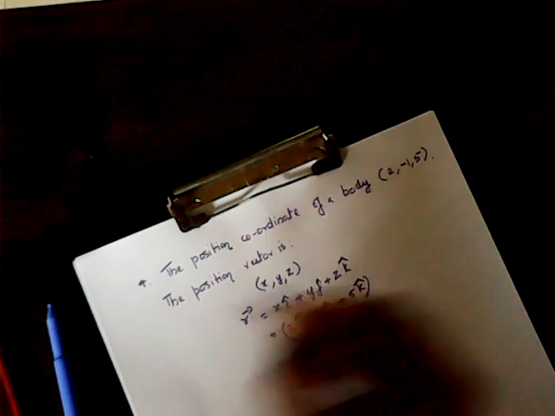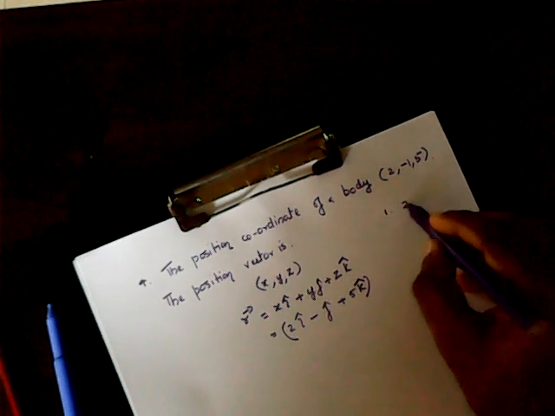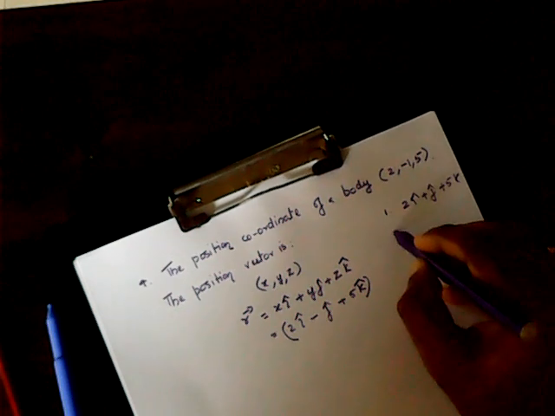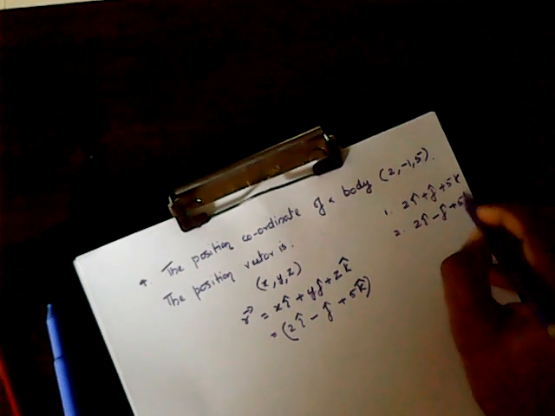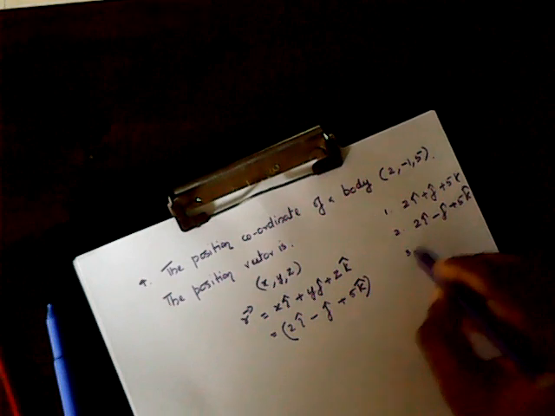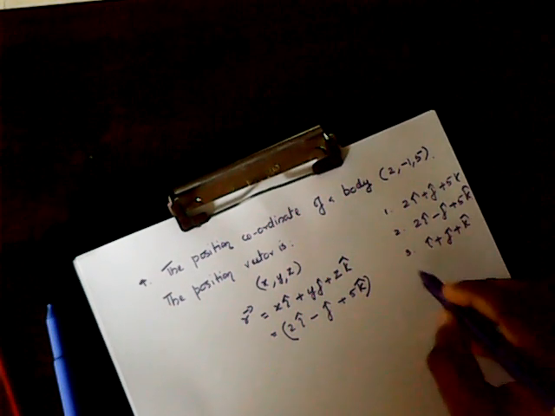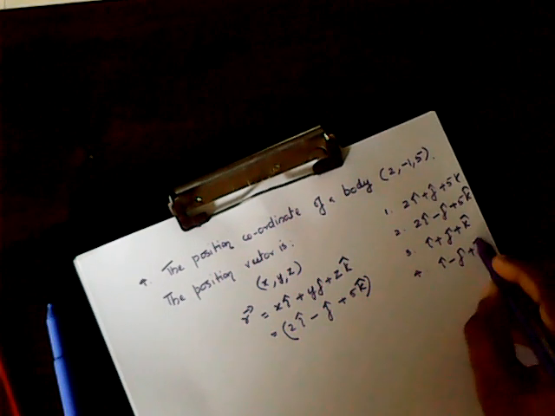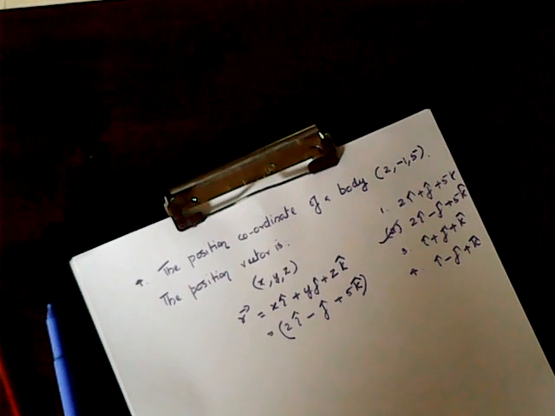And hence we can look at the choices: the first as 2i plus j plus 5k, the second as 2i minus j plus 5k, the third as i plus j plus k, and the fourth as i minus j plus k. So easily we can say 2 is the answer. So simple question. Number 5.